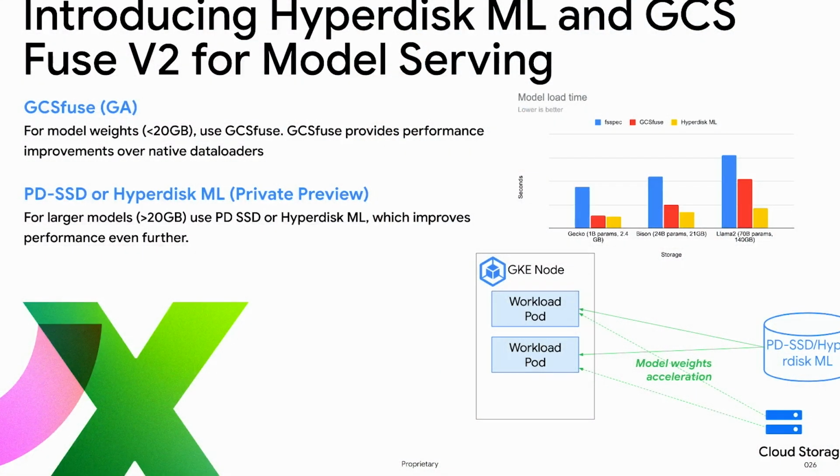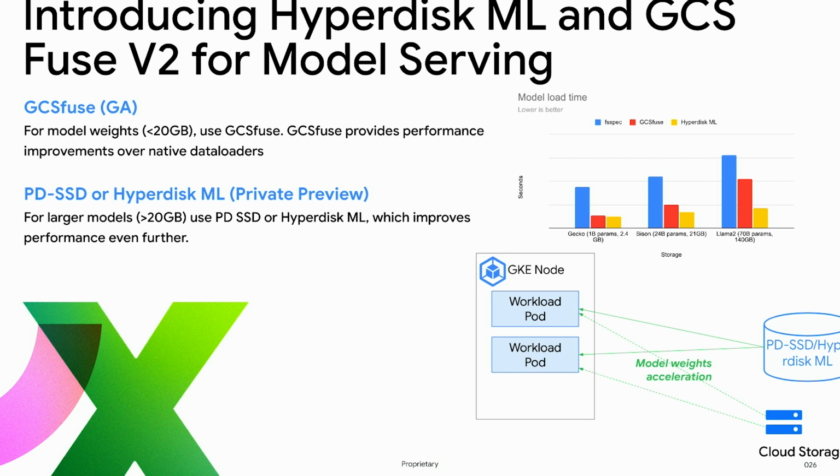The other feature we're launching today is also to accelerate. We took a look at the acceleration of the container image. We also learned from customers they want to accelerate their model weights. GCS Fuse has already been GA, as I said, since mid last year. You can actually use GCS Fuse to load model weights faster than the SDK.